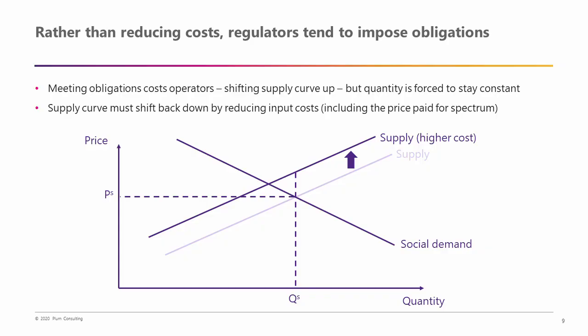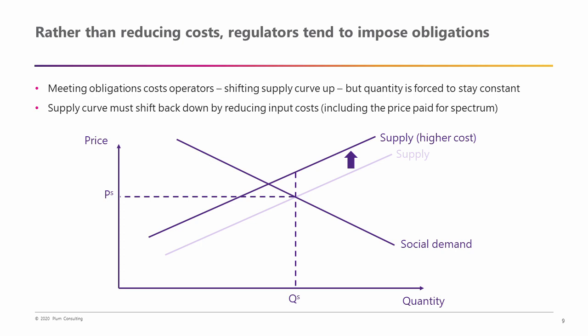A large number of regulators artificially increase the supply of services to the socially optimal level by putting obligations on the operators to cover a certain population or provide a certain service quality. Meeting these obligations leads to an increase in the cost of providing services, and you can see how this shifts the supply curve up. This isn't a market in equilibrium.